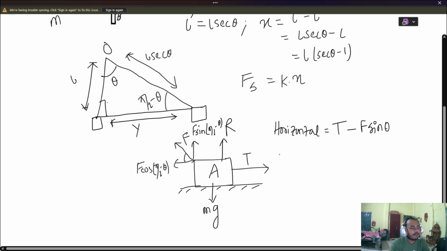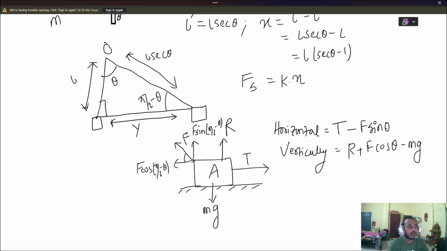Okay. And vertically, we have R plus F cos theta. We are taking the upwards direction as the positive direction, minus mg. So these are the vertical and the horizontal forces acting at any point on the block before it falls off the edge. Okay, because as it falls off, there is no reaction force.